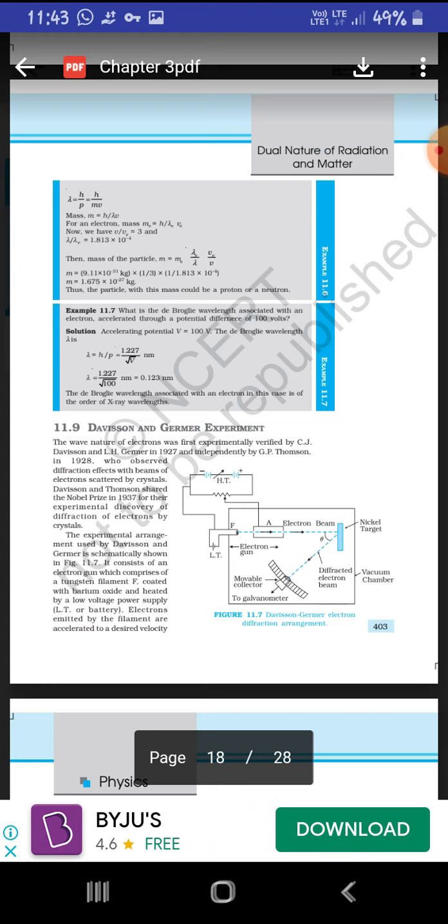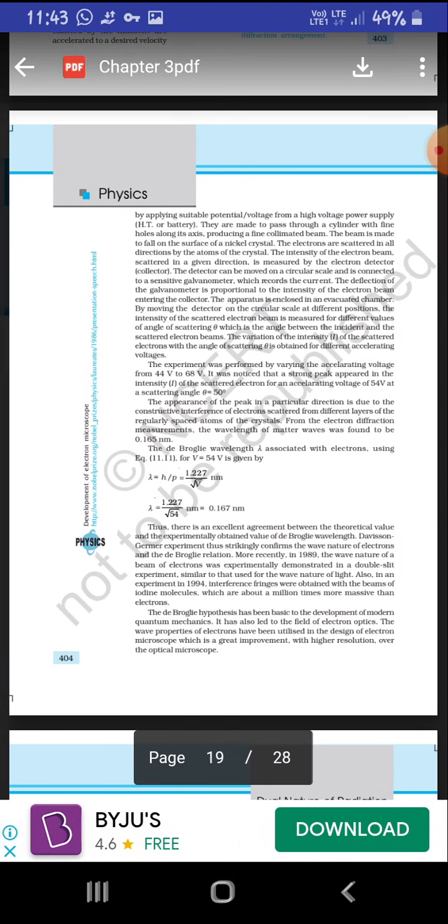They had a tungsten filament coated with barium oxide and heated by a low voltage power supply. Electrons emitted by the filament were accelerated to the desired velocity by applying a suitable potential from a high voltage power supply.